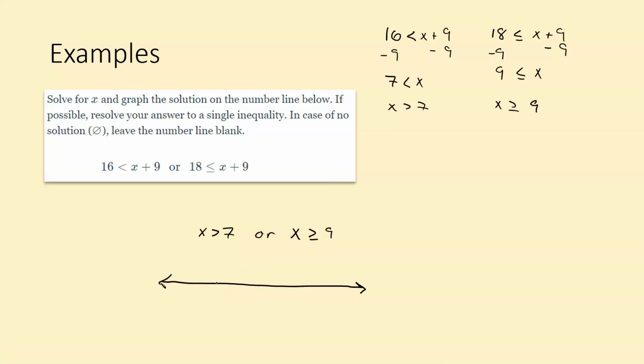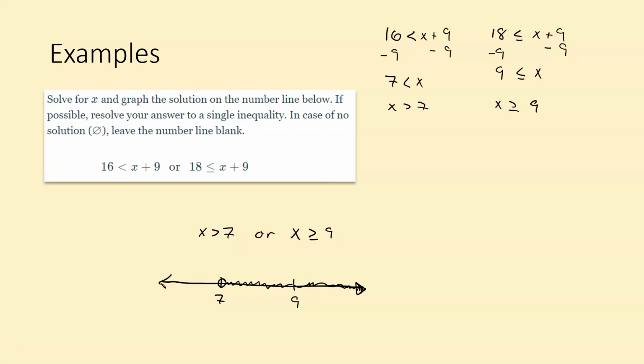When I put this on the number line, I would say open circle here at 7, because we're saying greater than 7 but not equal to. And then I would shade in everything above that. For x is greater than or equal to 9, notice that that part is already shaded in.